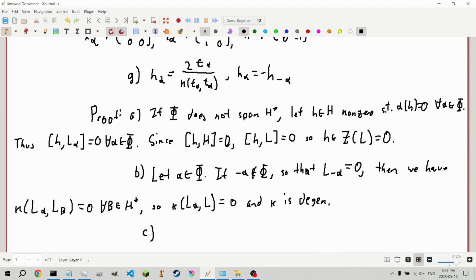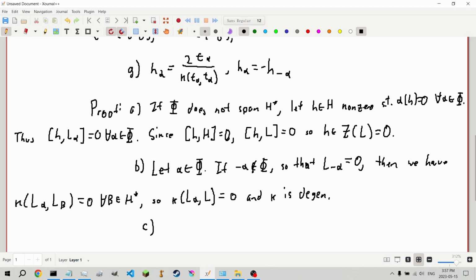C was that if you have x in L alpha and y in L negative alpha, then the bracket of x and y is the Killing form of x and y times t alpha. So we're going to pick a root alpha, x in L alpha, and y in L negative alpha.